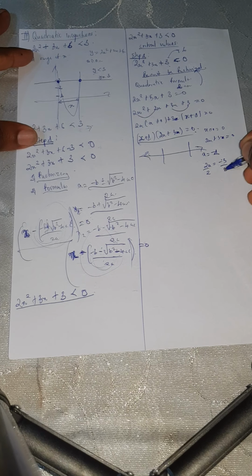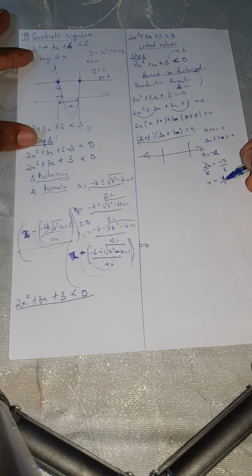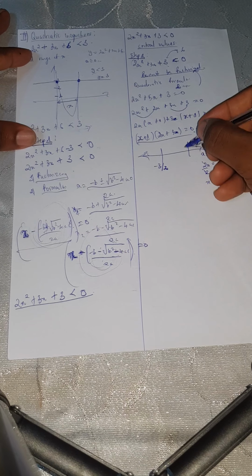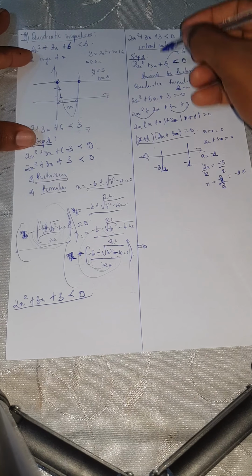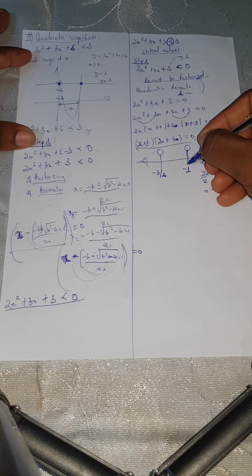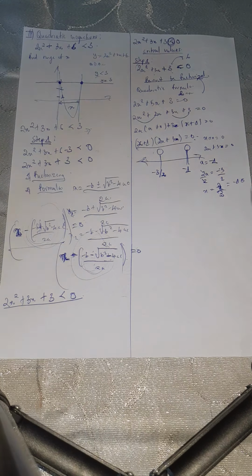Divide here and find x equals negative 3 over 2. So that gives negative 1.5. So you're going to have x equals negative 3 over 2 at one bound, and at the other bound you're going to have this. Why? In this case, it's less than, so you're going to exclude them. So this is how you're going to have your bounds if it could be factorized.